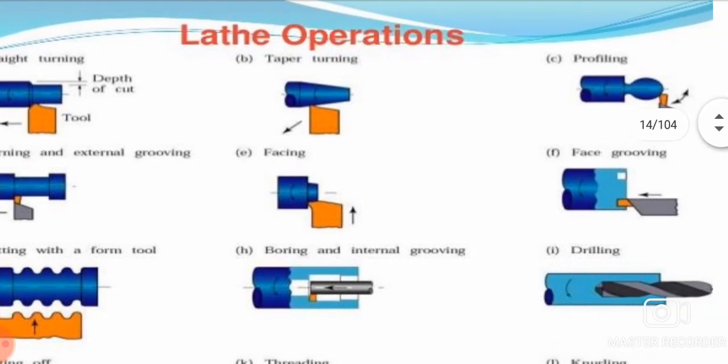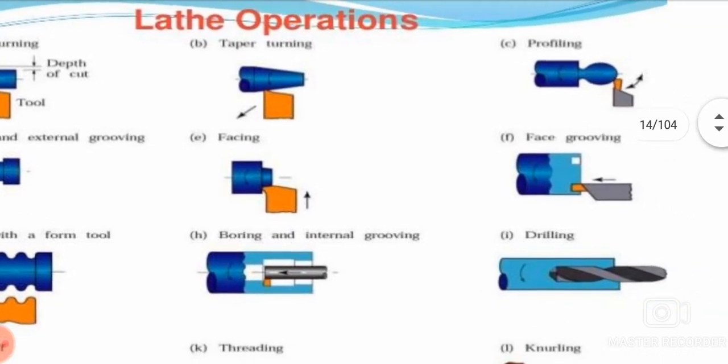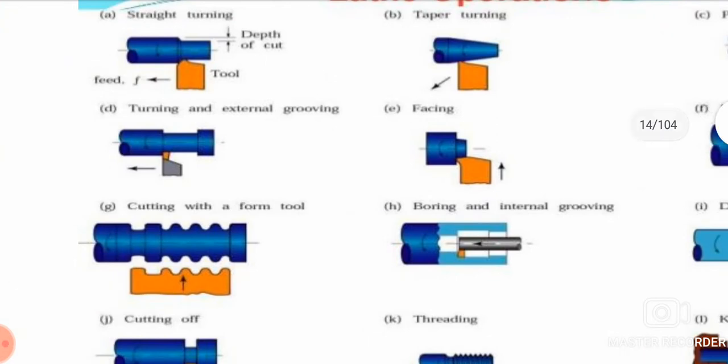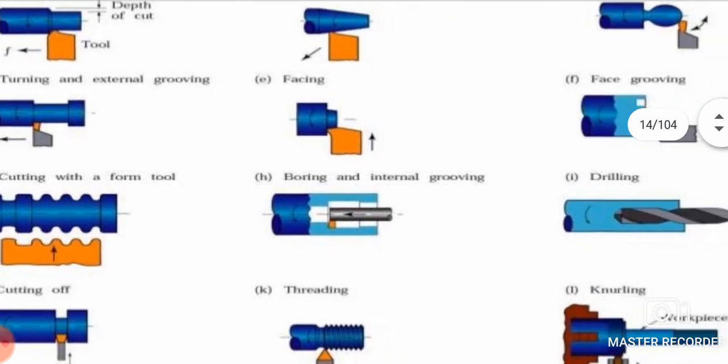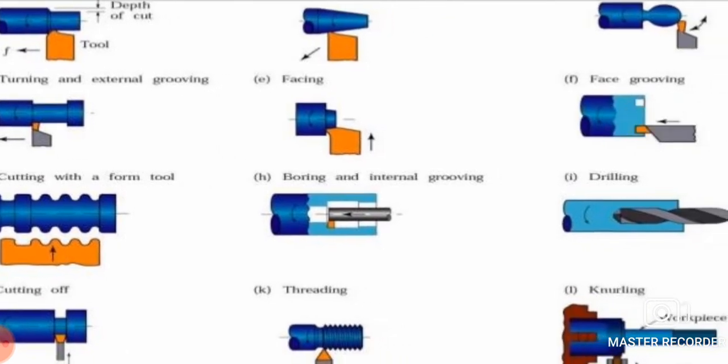Another one is facing. Another one is face grooving. Cutting with a form tool. H, boring and internal grooving. We have to do internal cutting of the work material to create the hollow shape, with internal grooving.